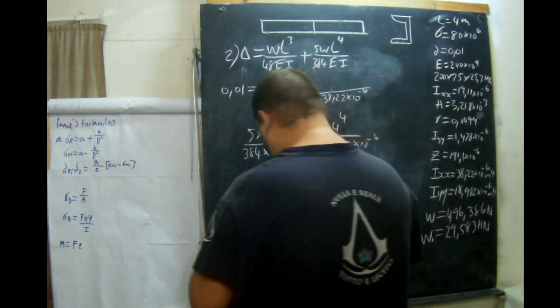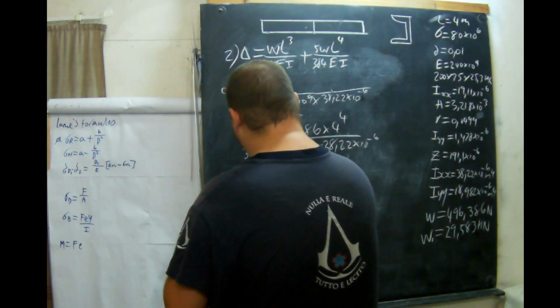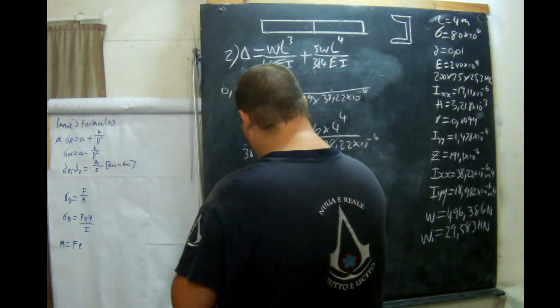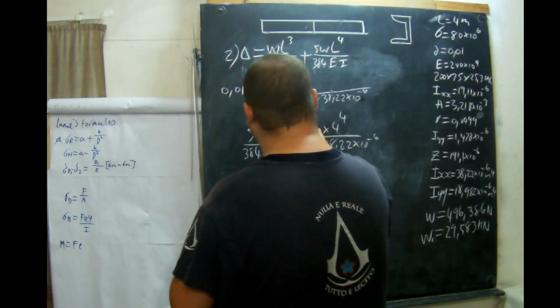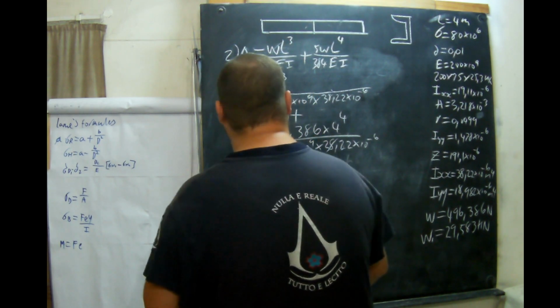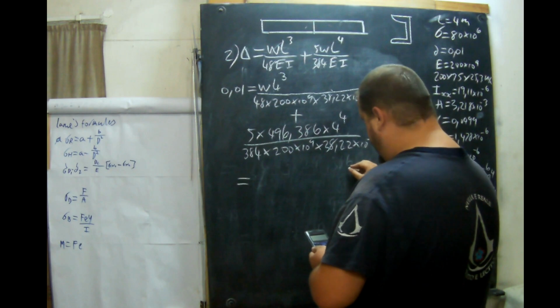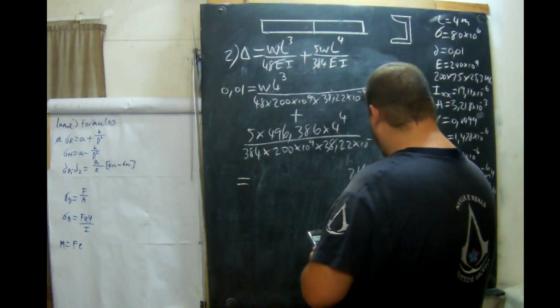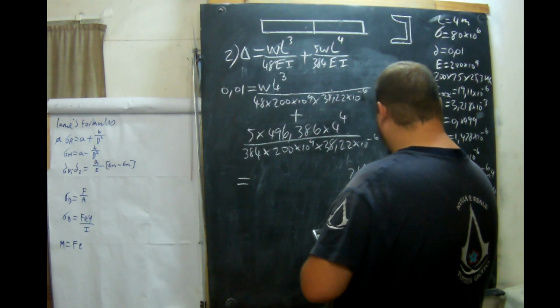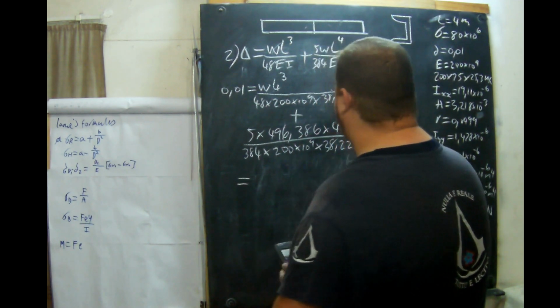So what we are left with is equal to 2. Now we're doing the first one here. So we're left with 216,46 times 10^-6 for the first number.